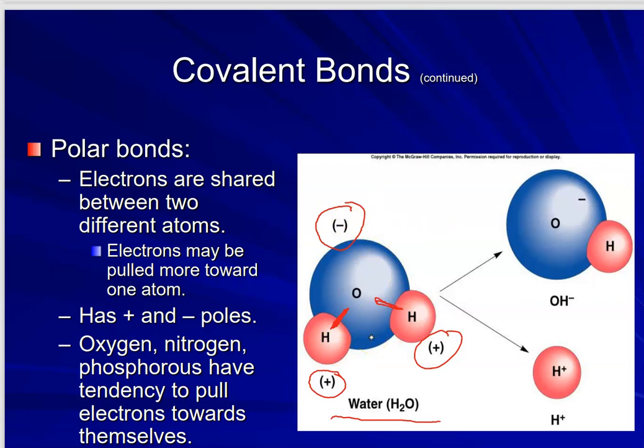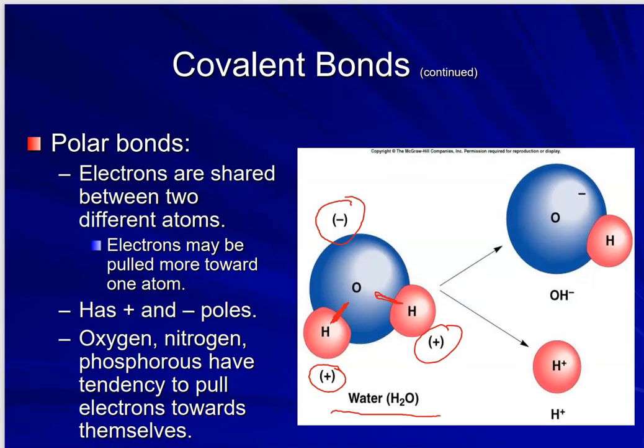And that polarity has consequences. It actually makes life on Earth possible, and that's not an understatement, because it creates the high melting and boiling temperature of water molecules. They're attracted to one another because of their polarity, and it creates a bunch of the other properties of water that we will be talking about in another slide.